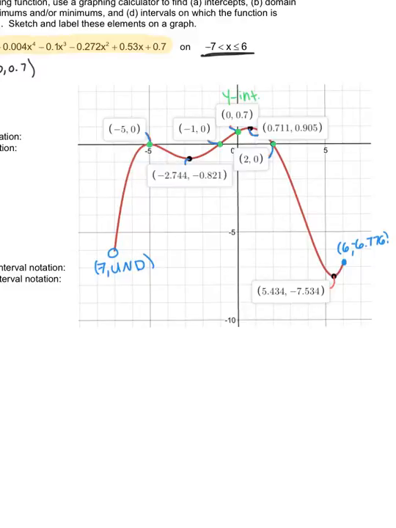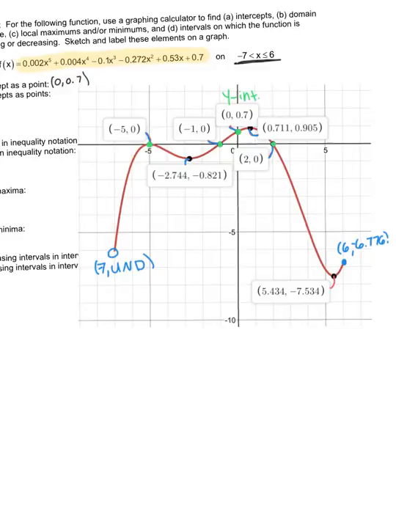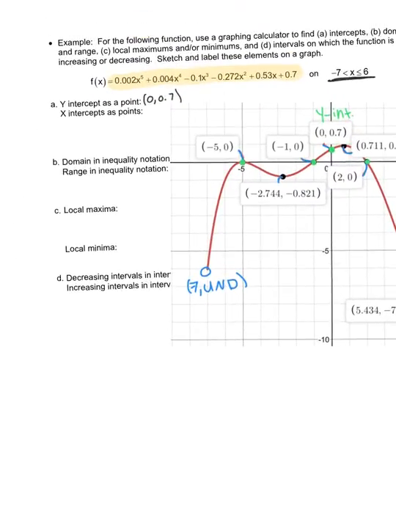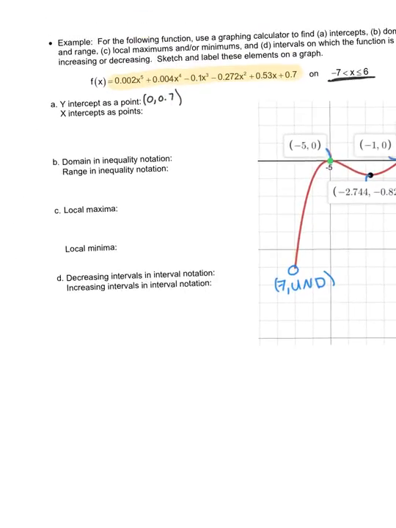So I know it's confusing because there's a lot of lines, but just follow the blue arrow. So we have -5, -1, and 2. Let's write that. Okay, so here's my intercepts.